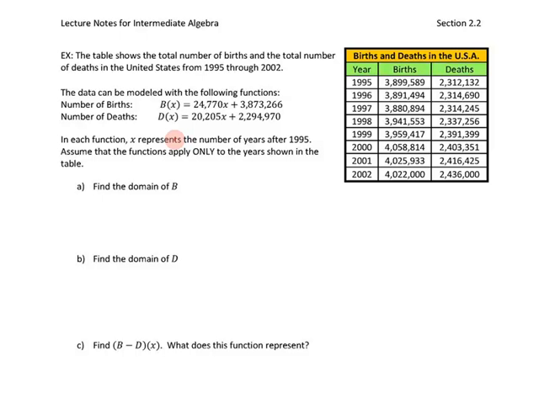In each of the functions, x represents the number of years after 1995. So 0 would be 1995, 1 would be 1996, and so forth. Assume the functions apply to only the years shown in the table. Let's answer the following questions.